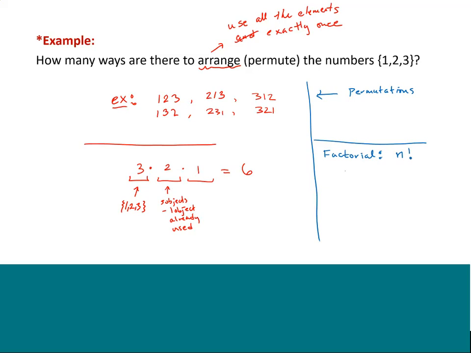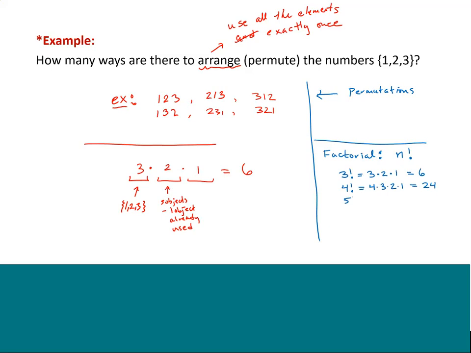Okay? So here's how it works. 3 factorial is you take the 3 and then multiply by 2, multiply by 1. In other words, it's 6. If you take 4 factorial, it's 4 times 3 times 2 times 1. So if you multiply all those together, it'd be 6 times the extra 4, so that would be 24.